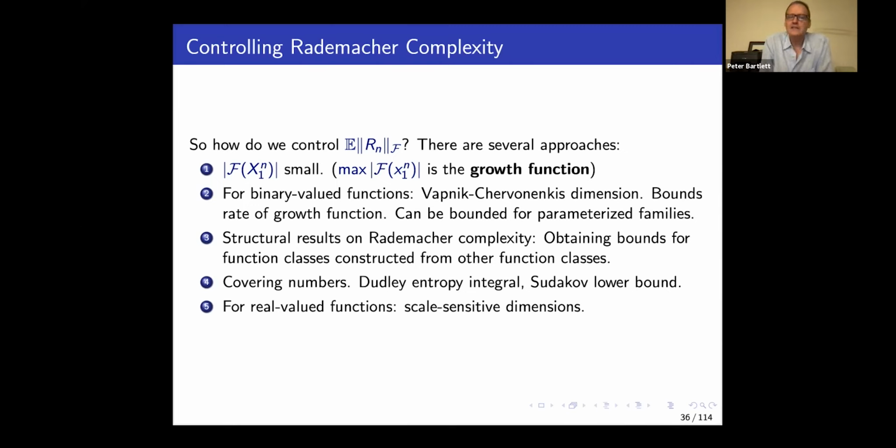So this rate of growth of the size of this approximating set as the accuracy gets better and better is a closely related notion of complexity.